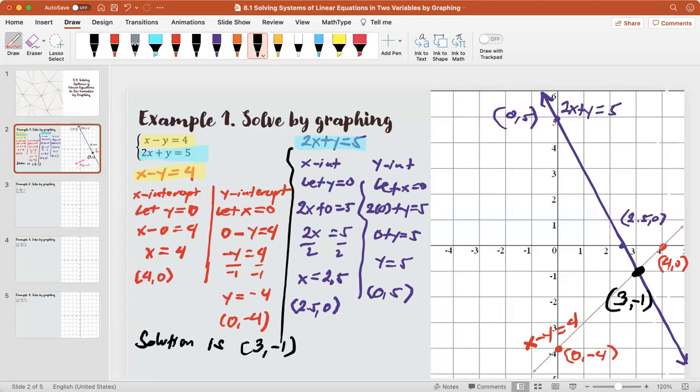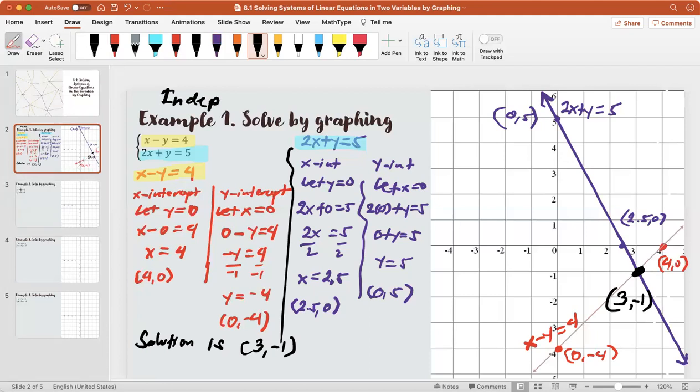Since these two lines intersect at one point, they have a solution. There's only one ordered pair that satisfies both. When you plug in these values, (3, -1), to your x and y in both equations, you will form a true statement. And since the solution is (3, -1), there's only one point of intersection. We call this system the independent system. All right, so take note of that.